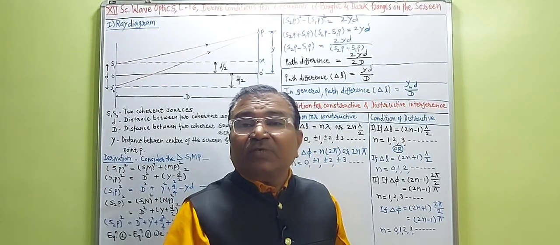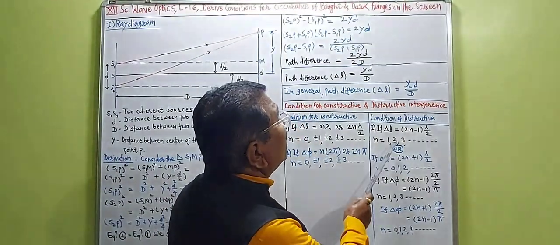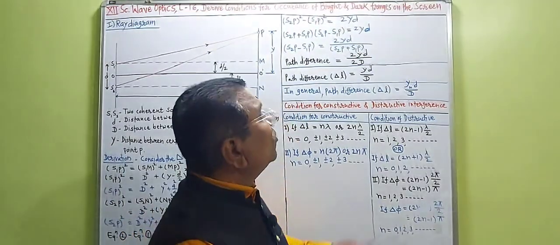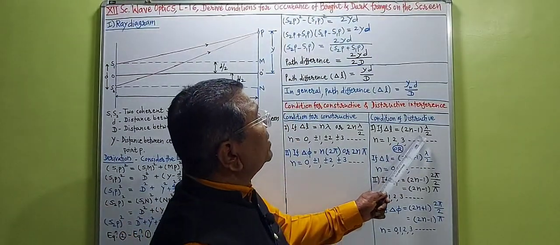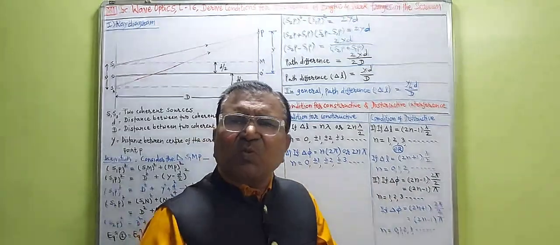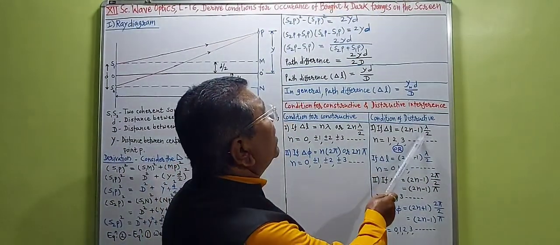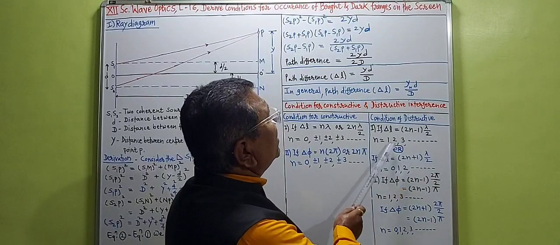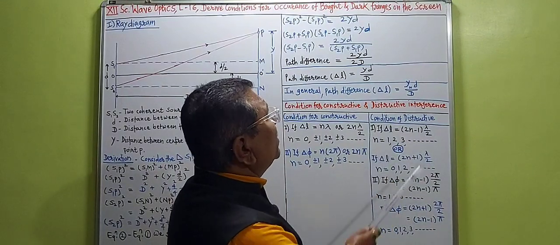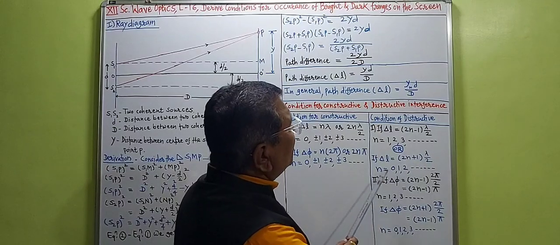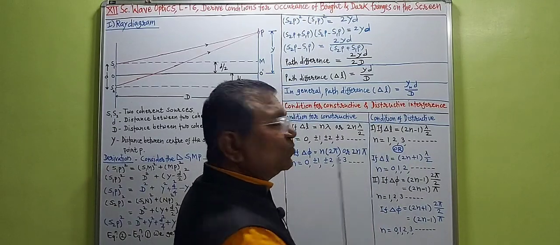Remember well, dear students, here n starts from 1 and not 0 when the formula is (2n minus 1) lambda by 2. Most important thing: when the formula is (2n minus 1) lambda by 2, n starts from 1. But if the formula is (2n plus 1) lambda by 2, then n starts from 0.